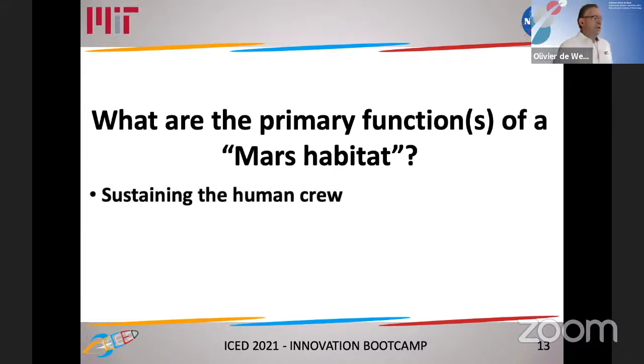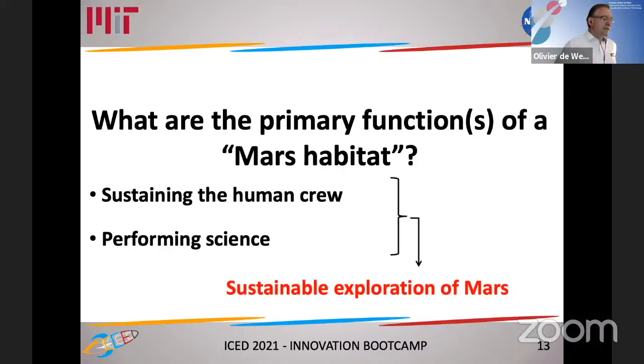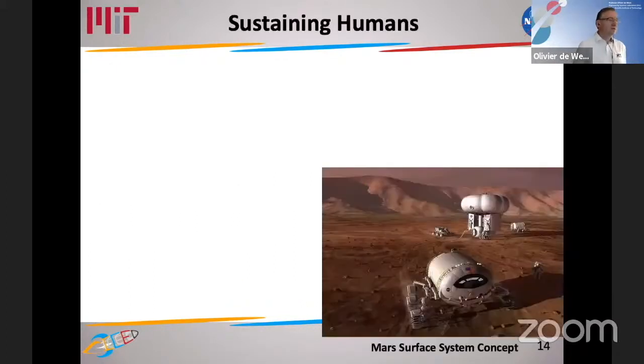And so we're talking about the function of sustaining the human crew and also performing science. We don't want them to just survive there on the Martian surface, but doing useful things like creating new knowledge, performing science. And so that's what we call sustainable exploration of Mars.